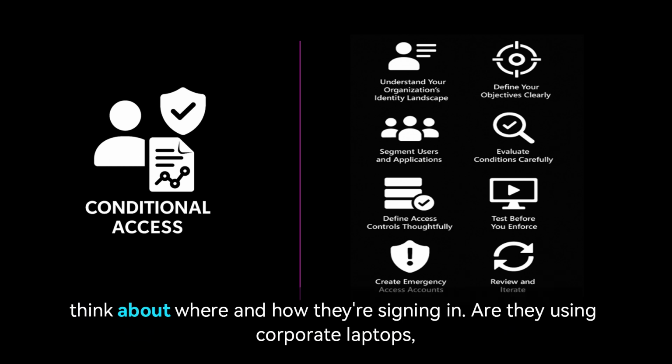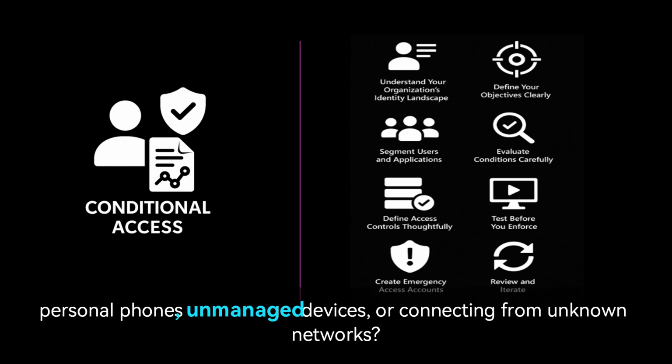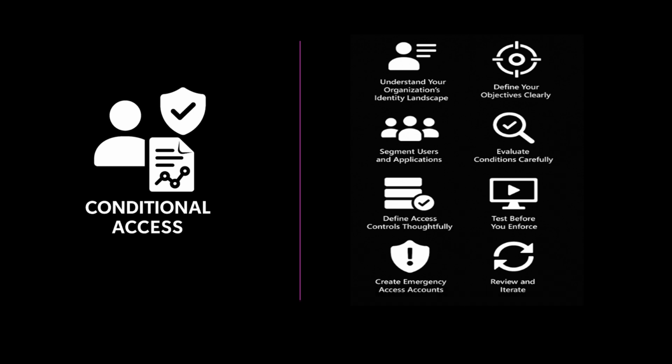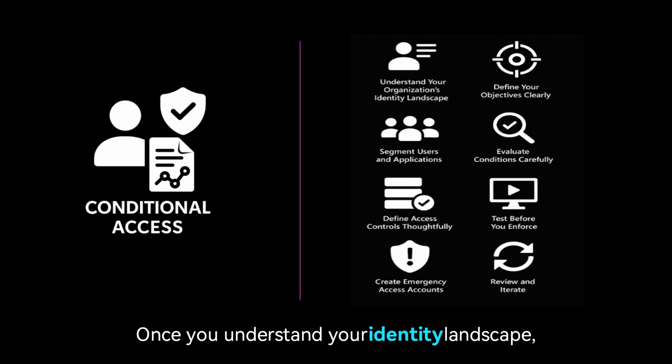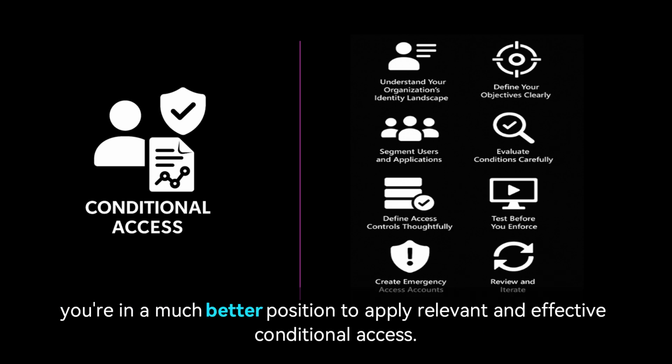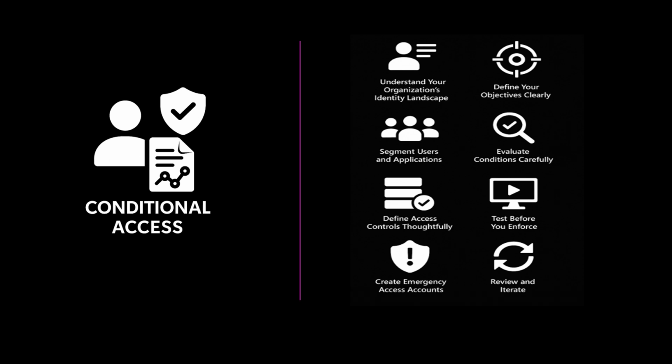Also think about where and how they're signing in. Are they using corporate laptops, personal phones, unmanaged devices, or connecting from unknown networks? Once you understand your identity landscape, you're in a much better position to apply relevant and effective conditional access.